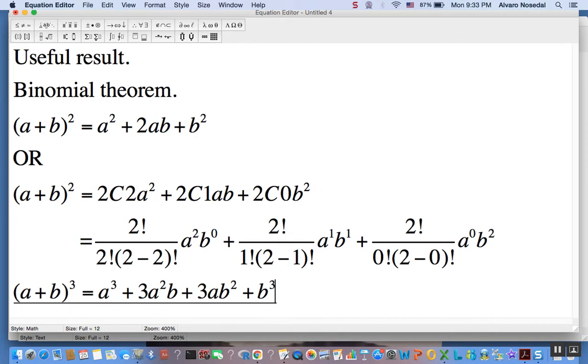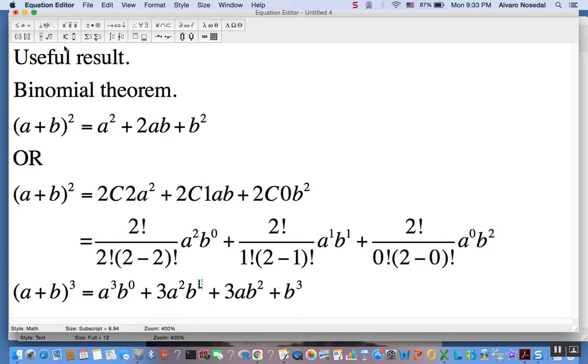Now, using these ideas, this is the same as a cubed times b to the power of 0. This would be the same as 3 times a squared b to the power of 1. We have here a 1 as well as an exponent. And here we have a to the 0 power.